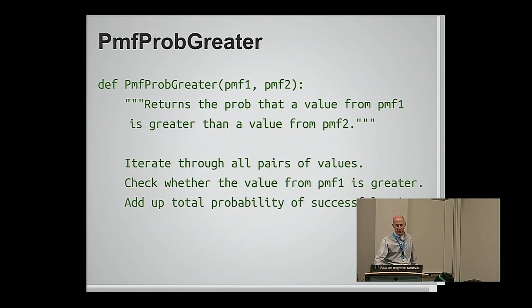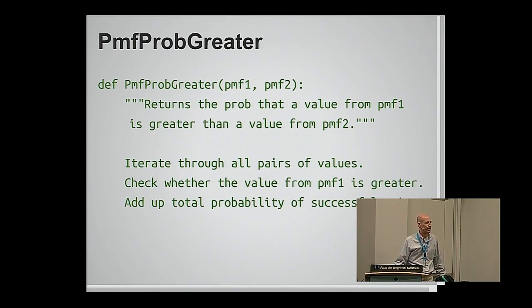So I'm going to walk you through a little bit of pseudocode. Remember that each PMF is a map from a possible value of x to its probability. So if I want to know whether a value from one PMF is likely to be greater than another one, there are actually a few different ways to do this, but one of them is to iterate through all the pairs and check for each pair whether the one from PMF1 is greater than the one from PMF2. And if so, then I'm going to accumulate the total probability of all the winning pairs.